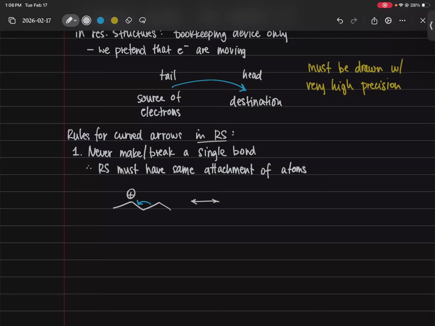And because there's already a bond here, that's going to give us a double bond here. All right, we're working only in pairs of electrons until we get to radical chemistry. But we're going to move those two electrons from the carbon-carbon bond on the right over to the carbon-carbon bond on the left and make a double bond.